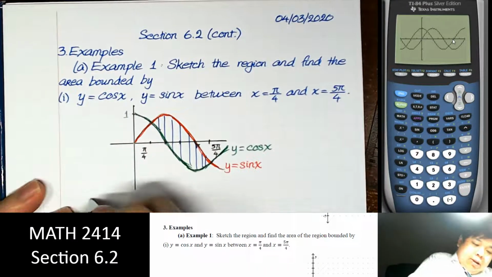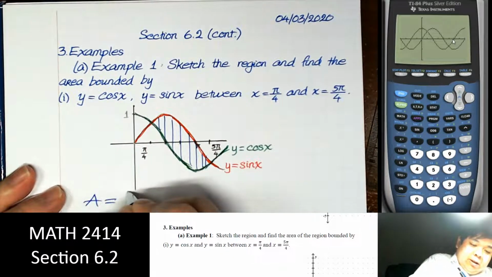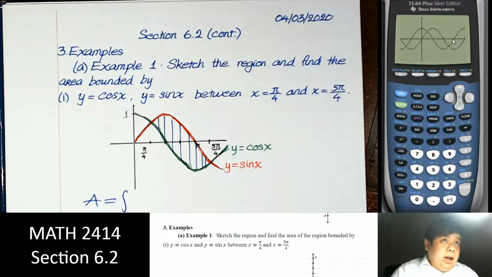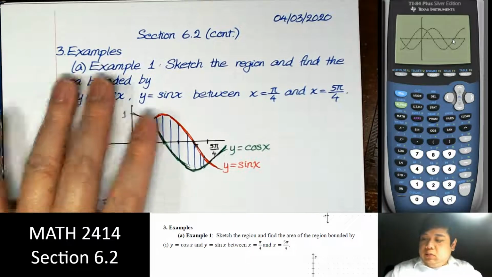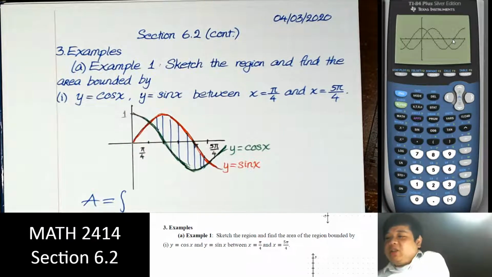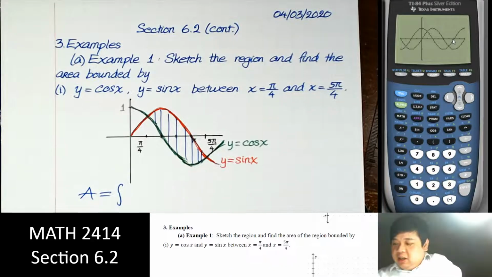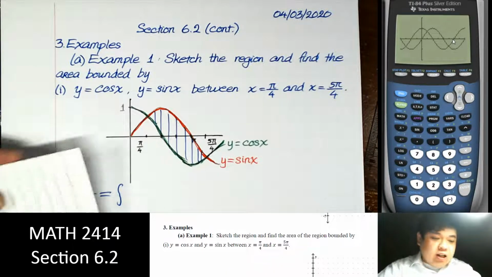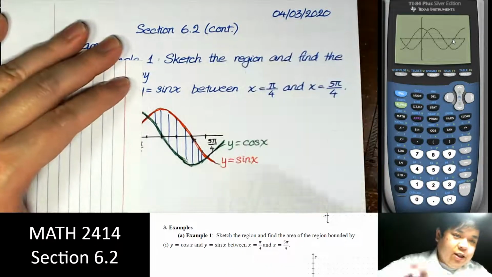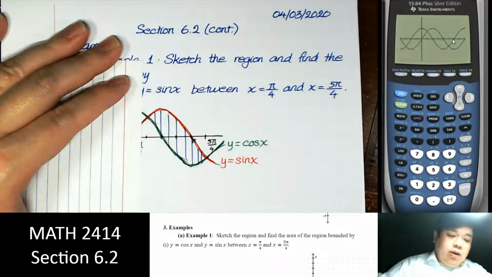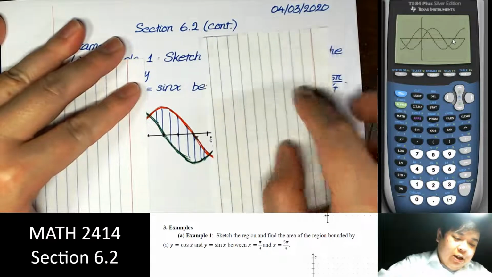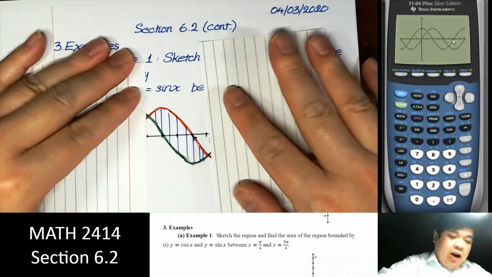Right. So let's take a look. So we try either dx or dy, and on this one obviously it's going to be dx because we have two functions of x in that look. So we take pi over 4 and 5 pi over 4.